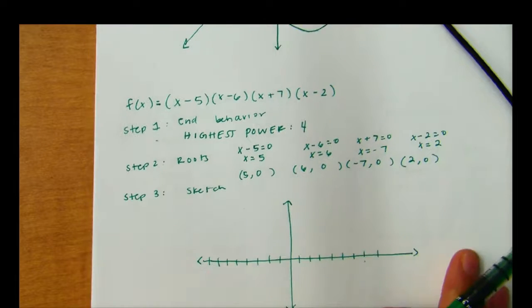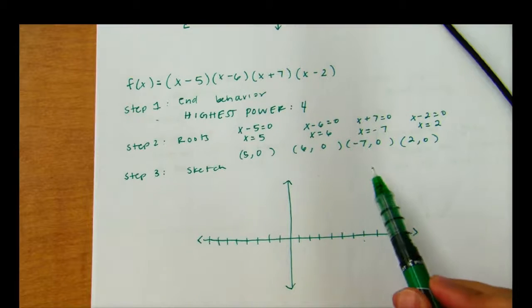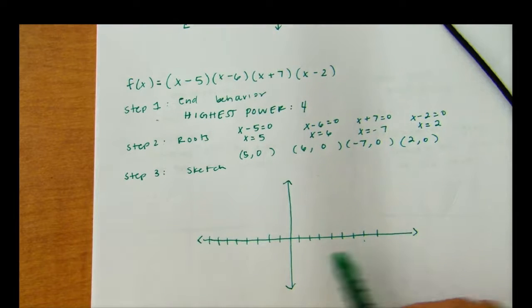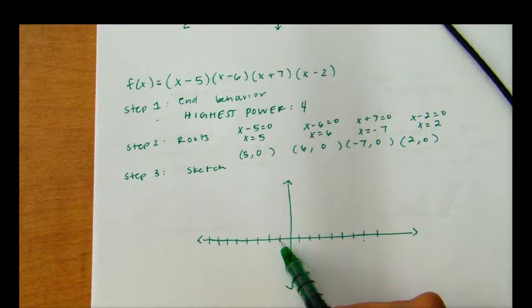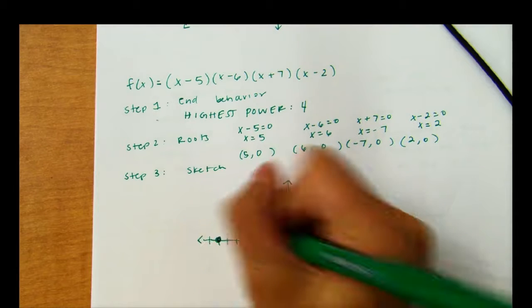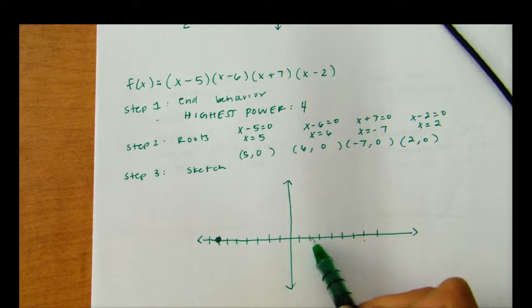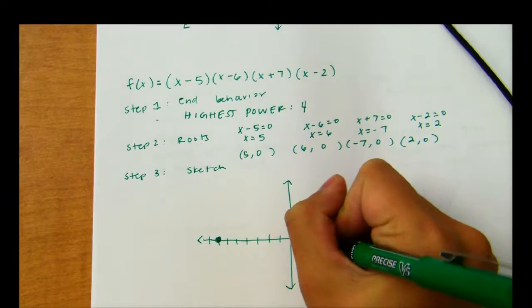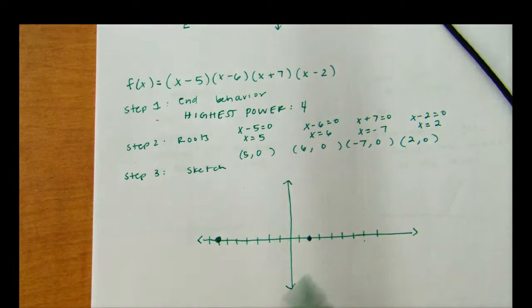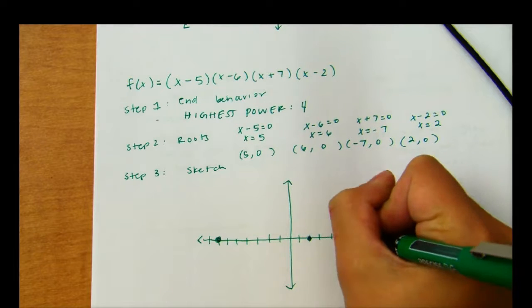So our next step, you're going to set up your coordinate plane, and we're going to plot these 4 points. So negative 7, 0, I'm going to go to the left, 1, 2, 3, 4, 5, 6, 7, nowhere along my x-axis. 2, 0, I'm going to go to the right 2. 5, 0, I'm going to go to the right 5, 1, 2, 3, 4, 5. And 6, 0, 1 more.